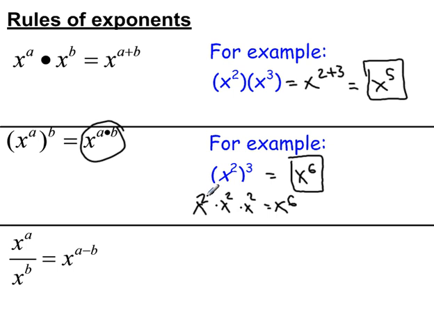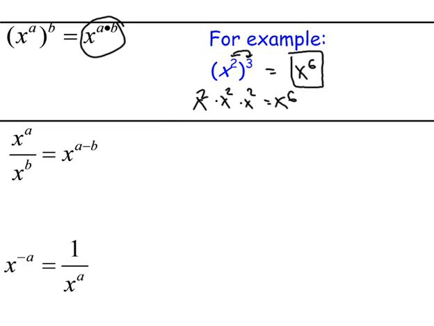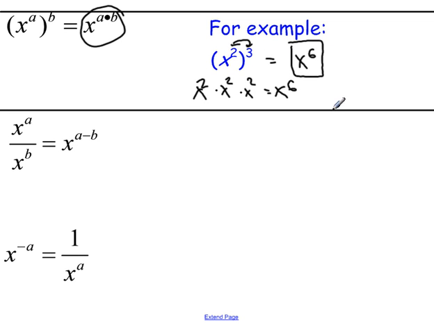So you could just write it all out and then add the exponents, or you could just multiply these two numbers to simplify it.